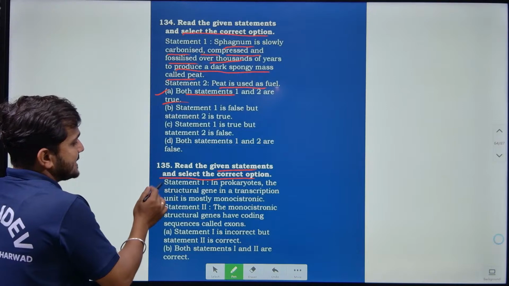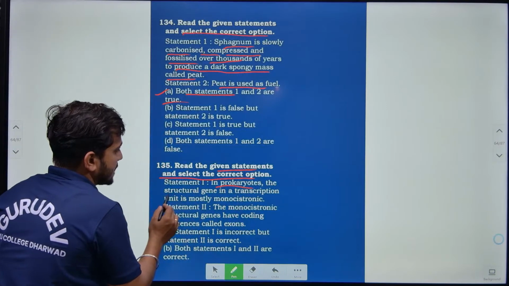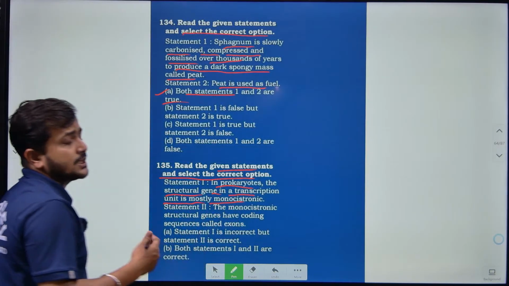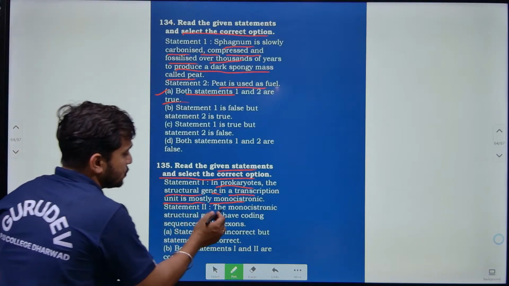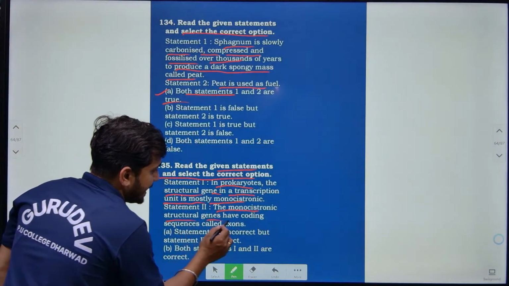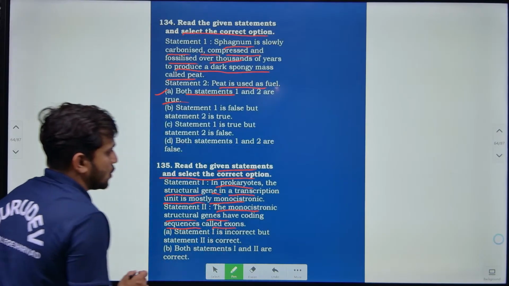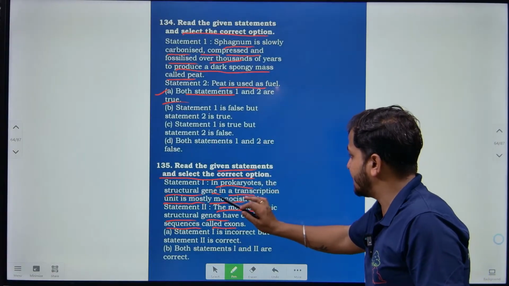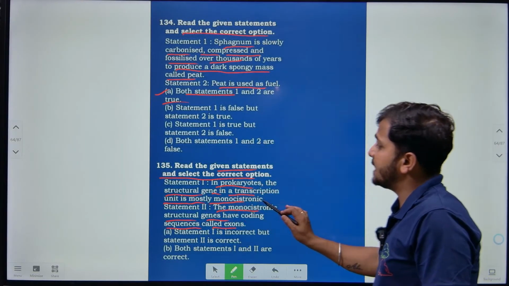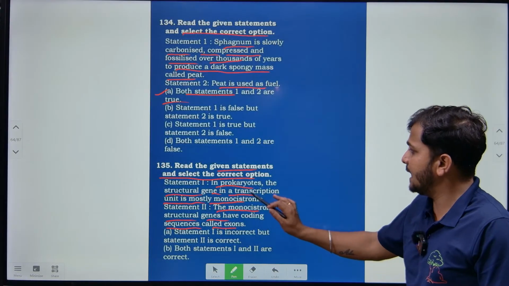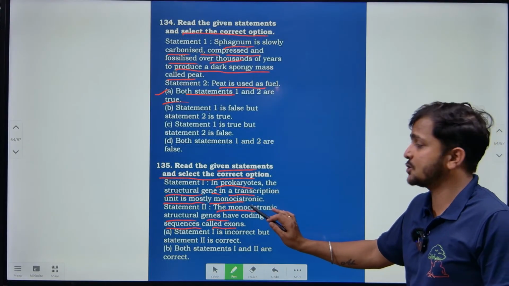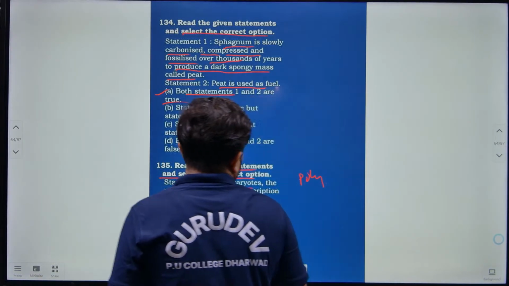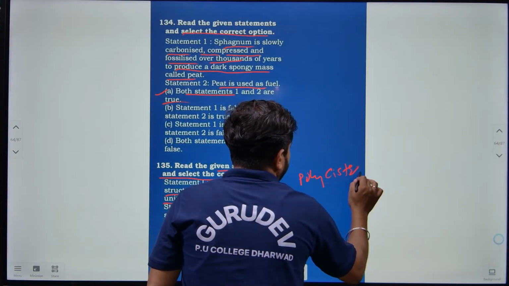In statement 1, in prokaryotes the structural gene in a transcription unit is mostly monocistronic, right? Then statement 2 says the monocistronic structural gene has a coding sequence called exons, right? So in prokaryotes, the structural gene in a transcription unit is not monocistronic, it is actually polycistronic type. So polycistronic type is what I'm going to find out.